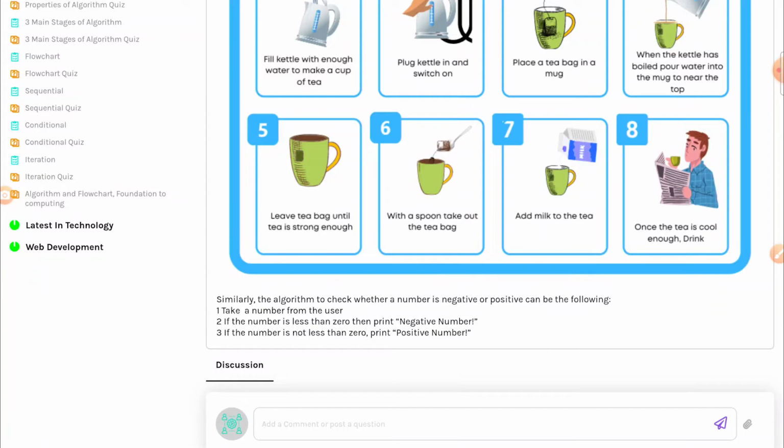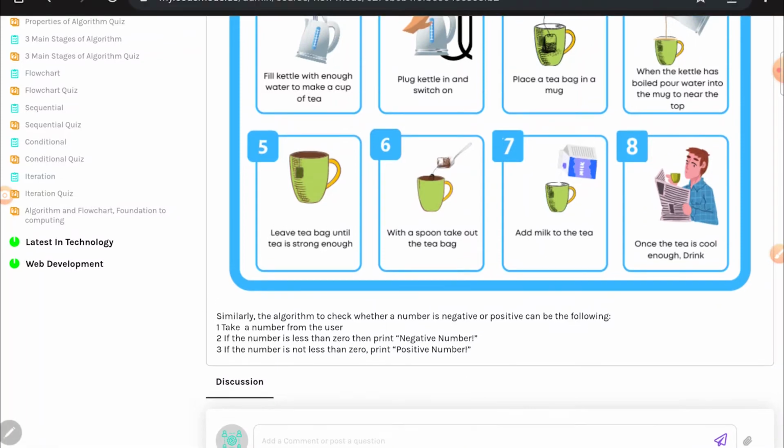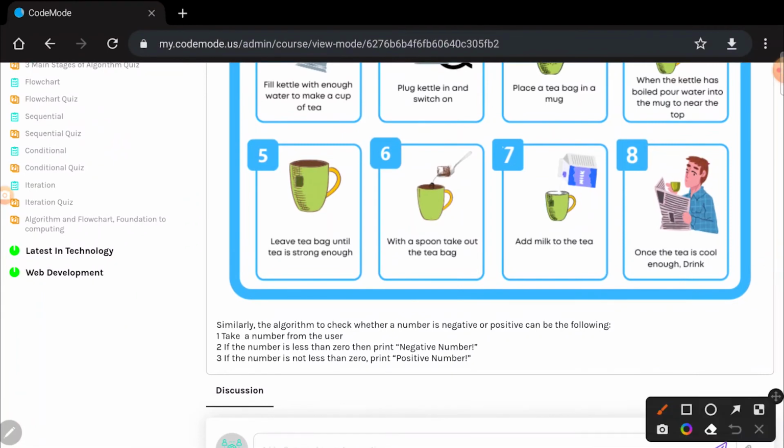If our number is less than 0, then it's a negative number, right? So that set of instructions, these 3 steps, is what is known as the algorithm of finding whether a number is positive or negative.